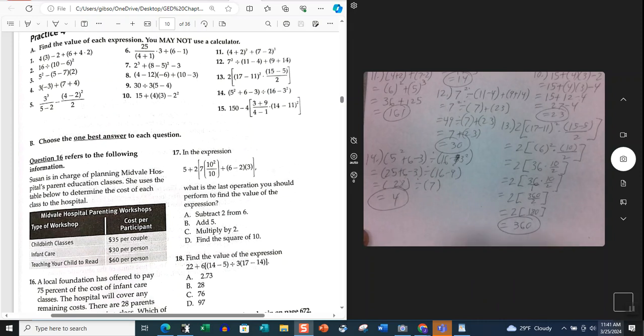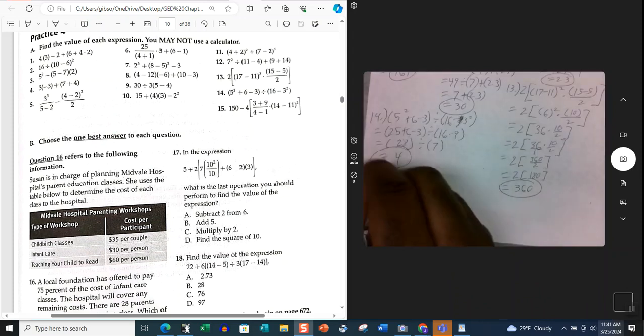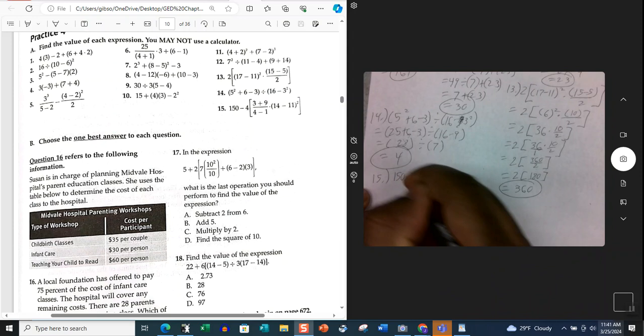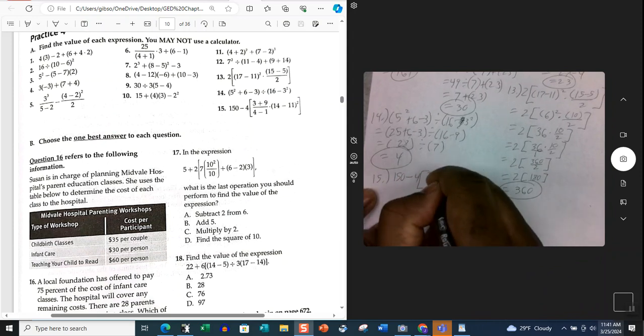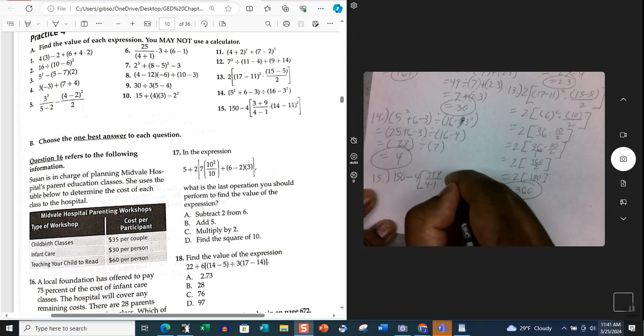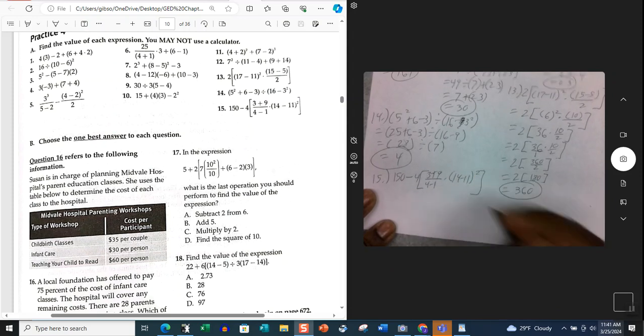Now we go to problem 15. Problem 15 is kind of long, but it's okay. 150 minus 4, bracket (3 plus 9) over (4 minus 1), times (14 minus 11) squared, bracket.